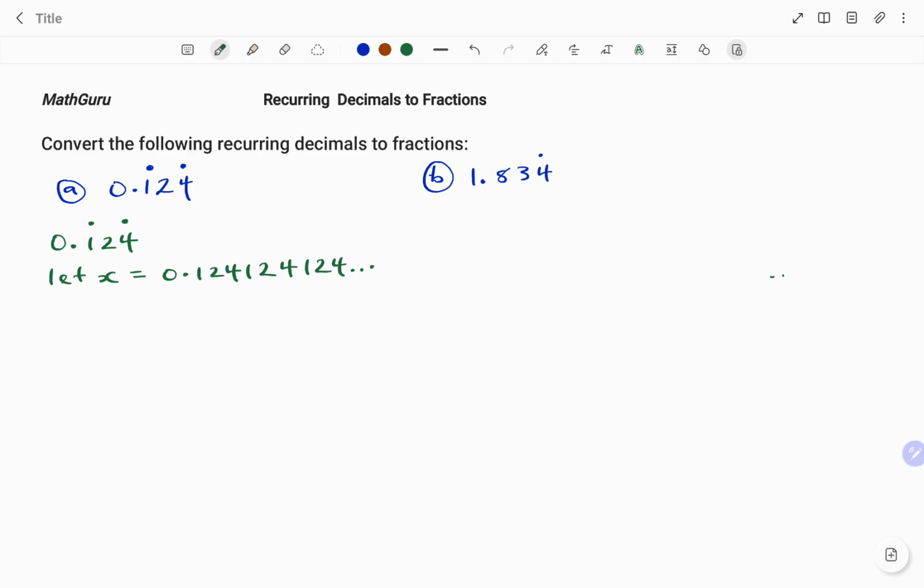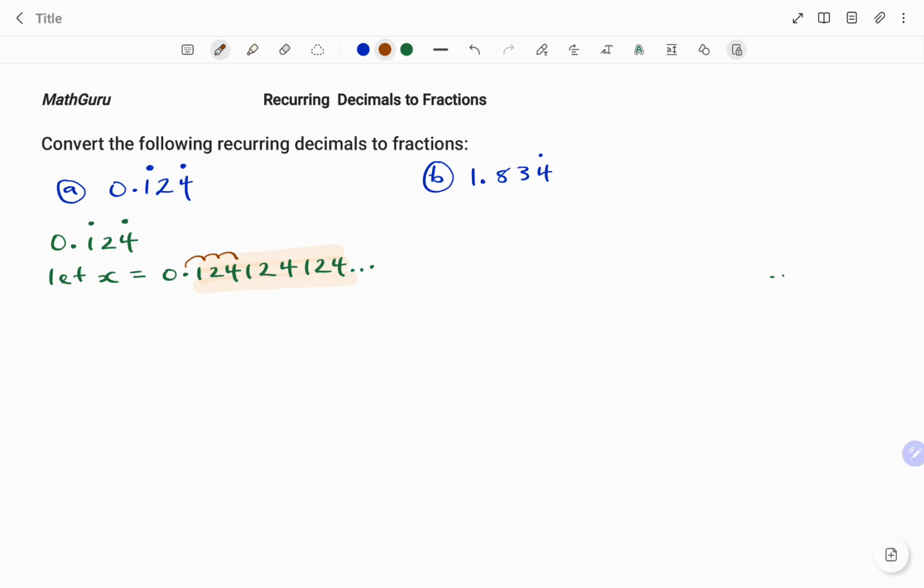Now, the aim is to have all the digits after my decimal be the same. So the first step is, if my x is equal to that and I have the digits 124 after my decimal, in order to have the same repeated digits, I have to multiply by 1,000.